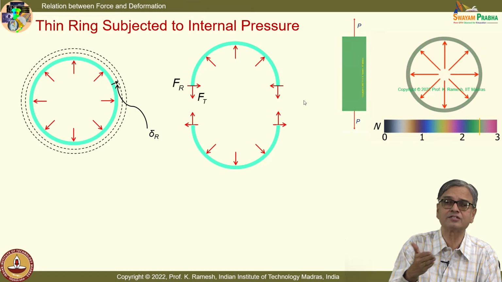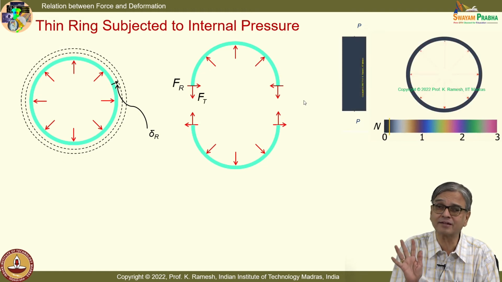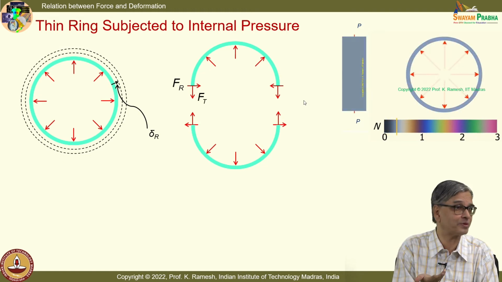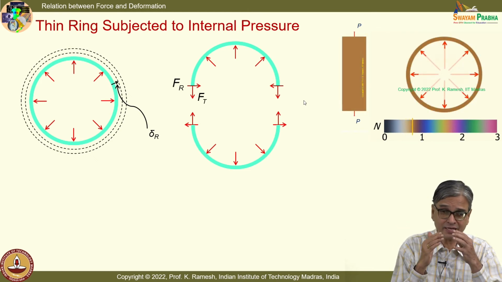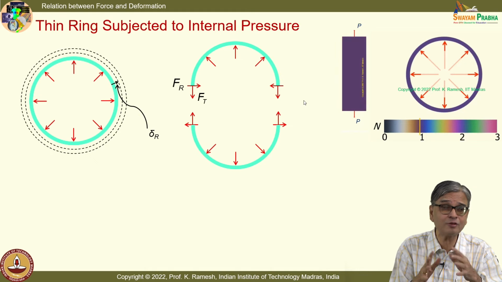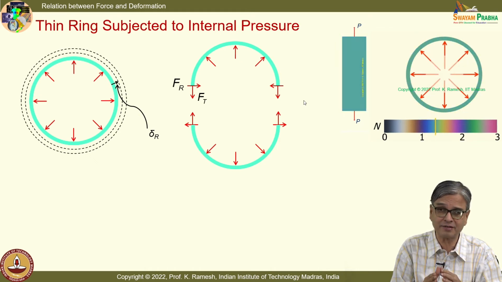First of all, this structure is symmetric, loading is symmetric, and we have assumed the elastic properties are symmetric. That is what we called isotropic. Fine. So, everything is symmetric here. See, if one of these is not symmetric, you can't bring in a symmetry argument. The structure should be symmetric, boundary conditions should be symmetric, loading should be symmetric, and elastic response should be symmetric. Then you can bring in symmetry arguments.